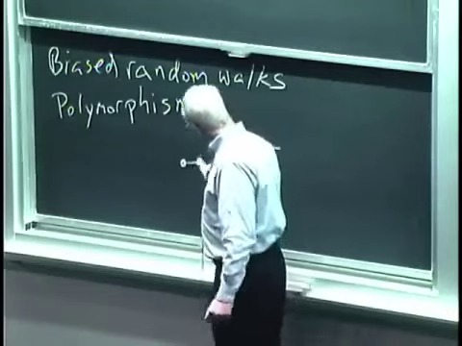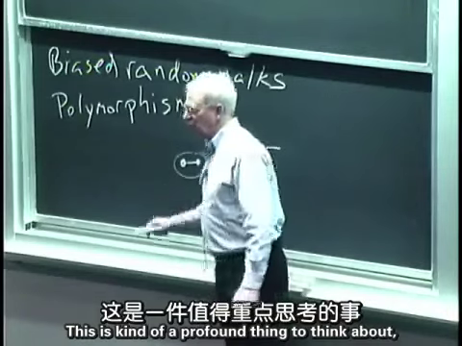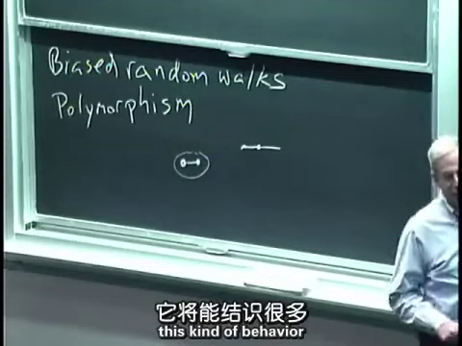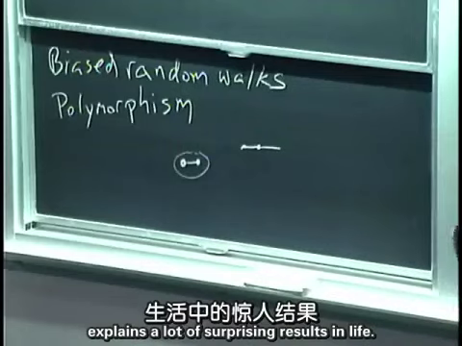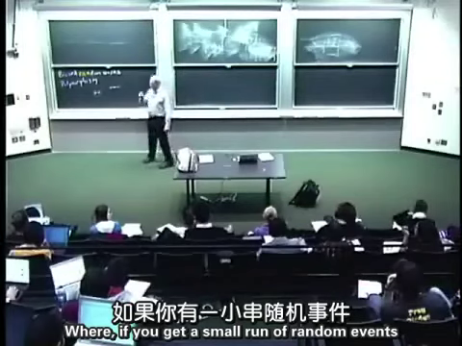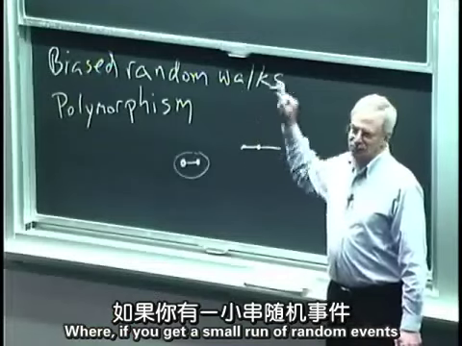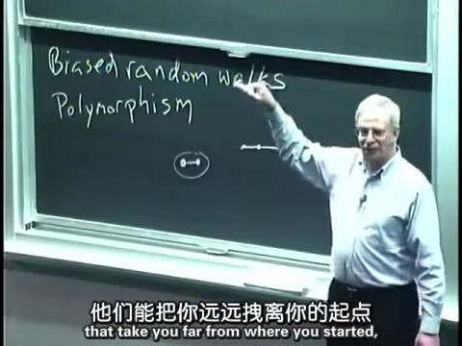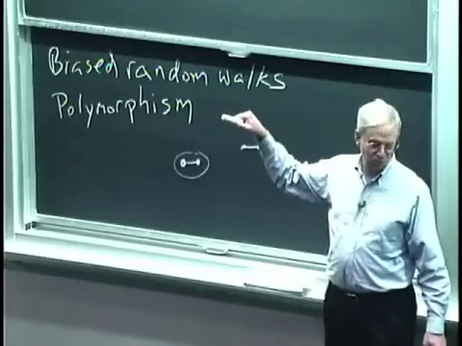This is kind of a profound thing to think about, because when we look at it, this kind of behavior explains a lot of surprising results in life, where if you get a small run of random events that take you far from where you started, it's hard to get back.